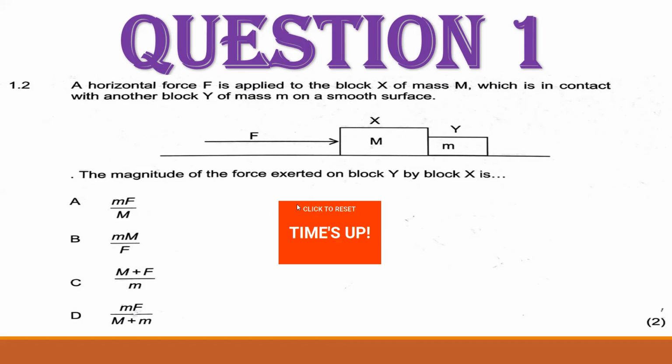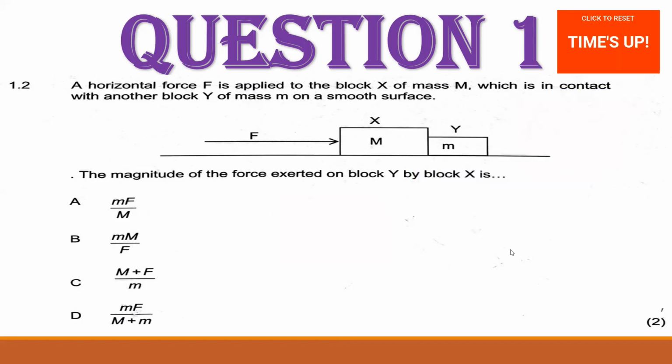So how are we going to calculate force on Y? Let's continue. First of all, we are using Newton's second law. F net equals, but what we know about this motion, let's check. F is applied. Smooth surface, there's no friction force.